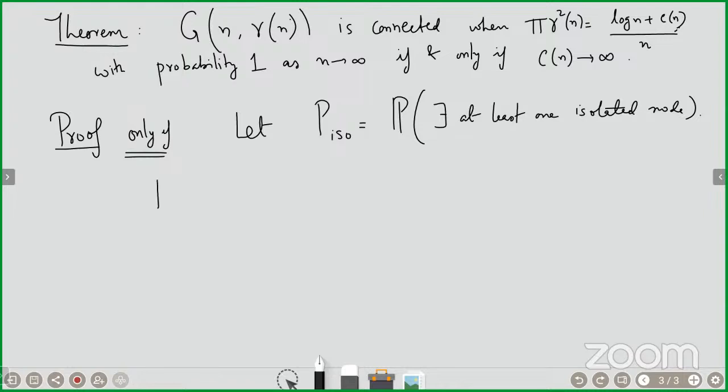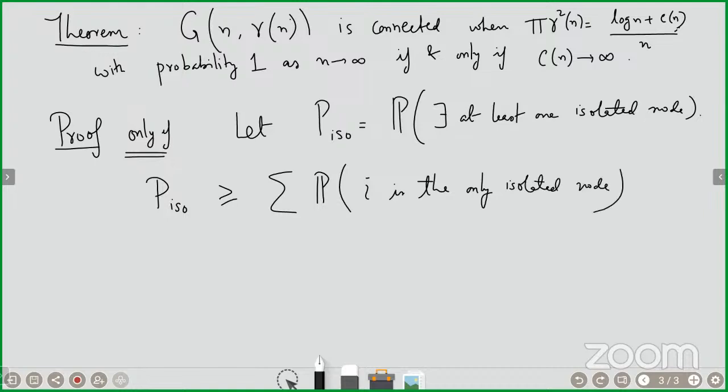If I bound some very simple things, this is obvious. So P_iso is nothing but that there exists at least one isolated node. So that means that at least one of them is isolated.